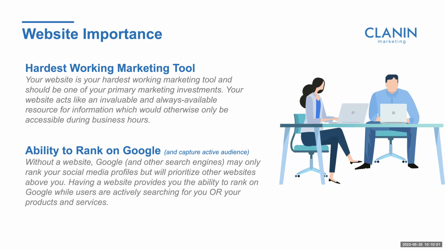You're getting in front of them on social media while planting seeds, right? Sharing your information about your company, your product and services, with the hope that, hey, maybe one day they may need us, right? Maybe right now they need us. So you're getting in front of them passively, but on Google, they're actively searching for what you have to offer. So you want to rank high.